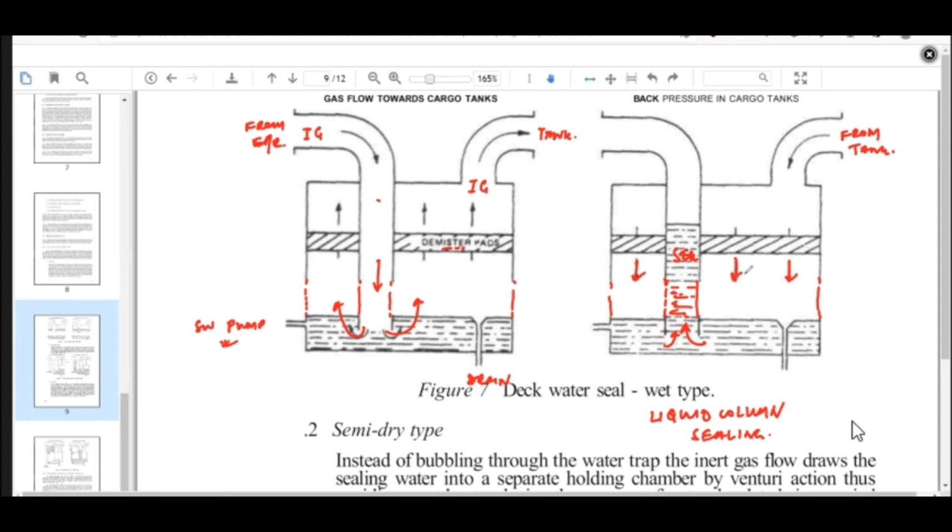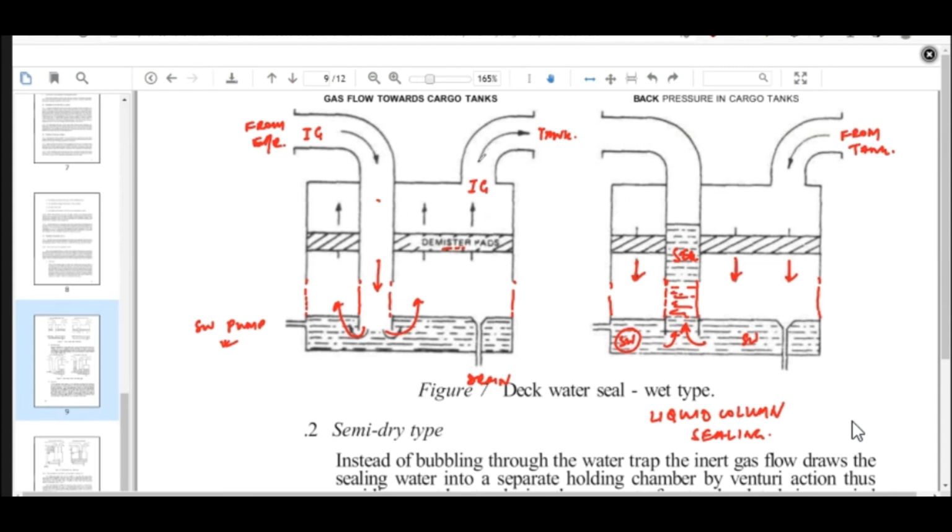Then the pressure inside the deck seal will push the liquid. This is seawater here. This seawater is going to be pushed up in the pipe. The height of the pipe is such that this pressure will never be able to push the liquid into the engine room. The height of the pipe is so high. It is all pre-calculated.